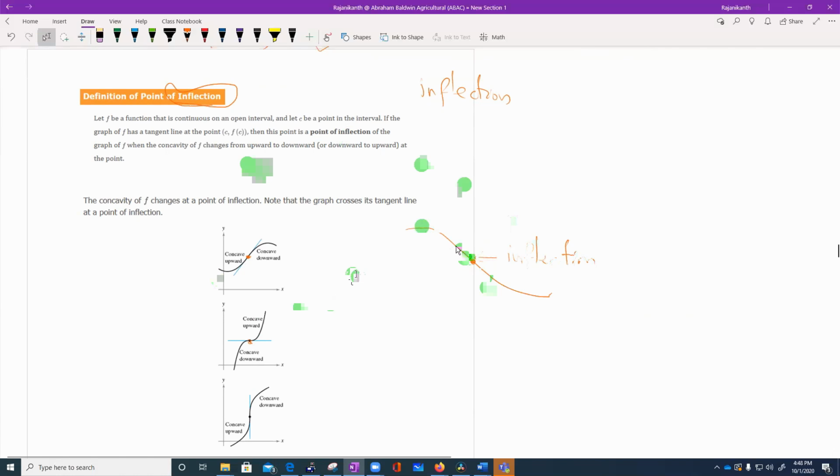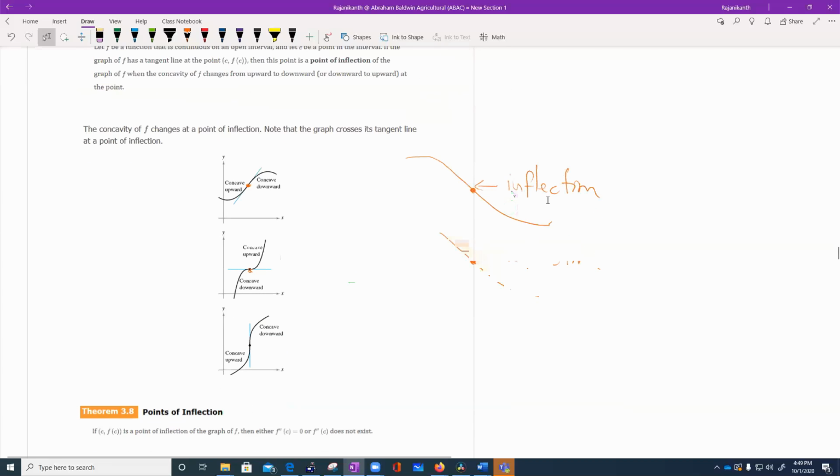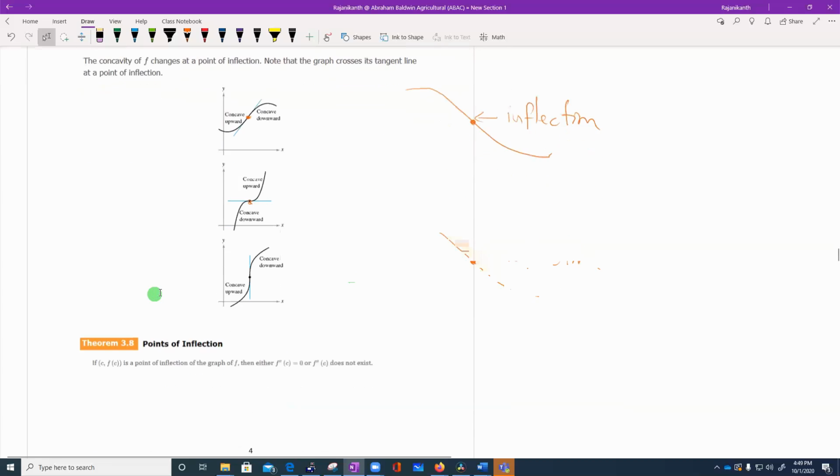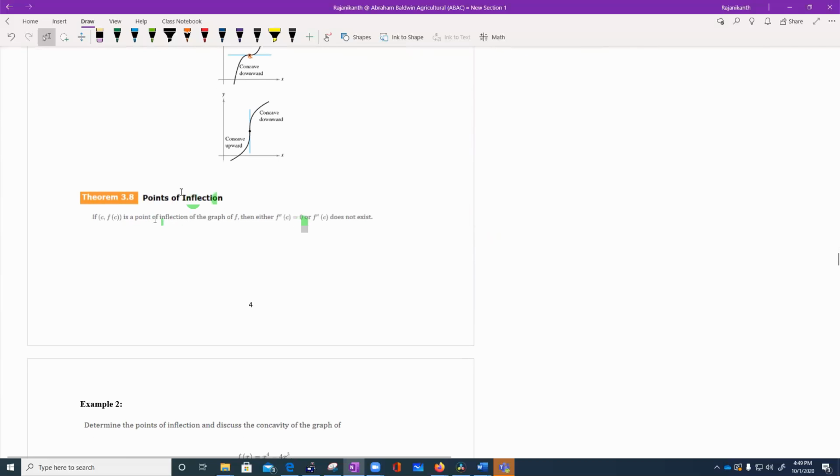But we need to know mathematically how we are going to find the inflection points in terms of calculus. So we have some applications of derivatives, right, to find the inflection point. Okay, so now look at this definition. How do you find the point of inflection? Well, this theorem says the point of inflection will occur where the second derivative is 0 or does not exist.